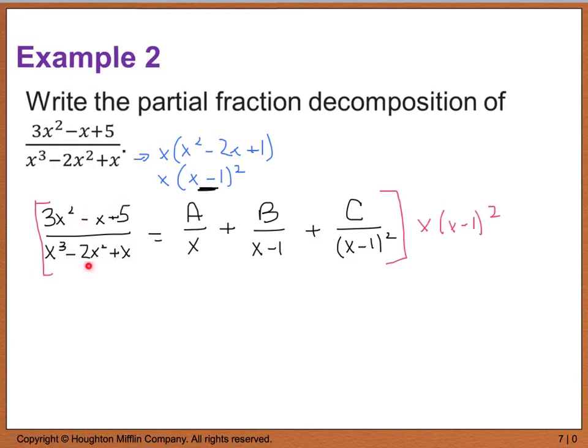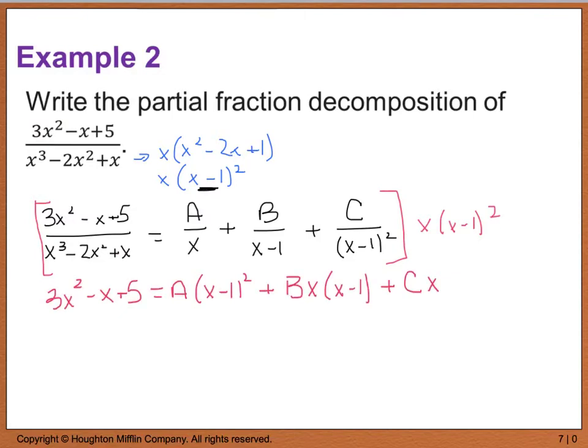So when I multiply this first piece by that common denominator, I'm going to be left with 3x squared minus x plus 5 equals, my x's are going to cancel, and I'll be left with A times x minus 1 squared, plus B. We're going to have an x left over, so Bx, and I'm still going to have x minus 1 left. And then I'm going to add that to C, and I'm going to have an x left, but my x minus 1, the quantity squared, is all going to cancel.